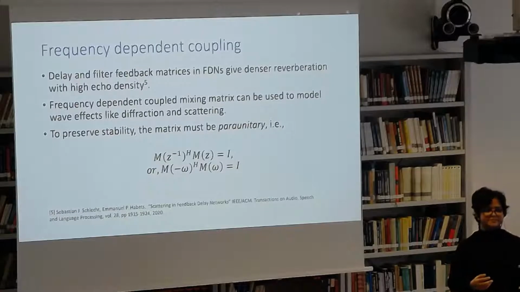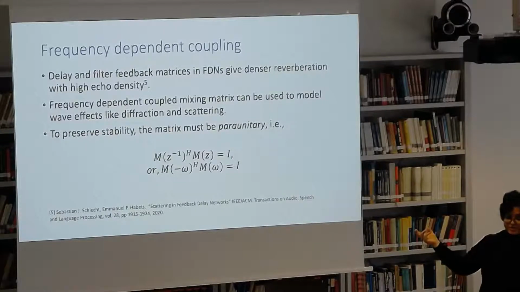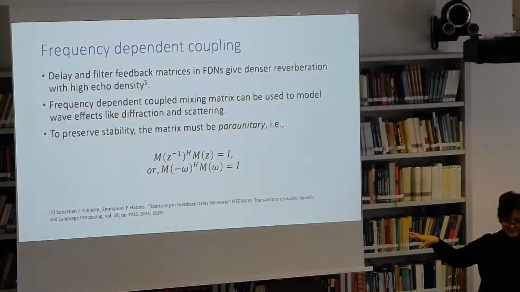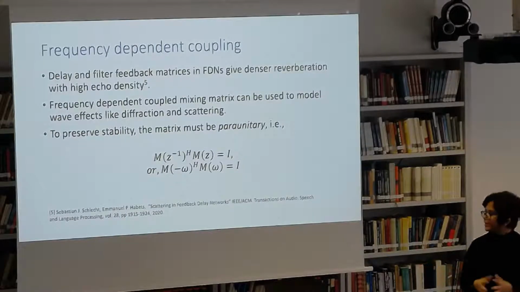Now this brings in some new constraints into the design of the mixing matrix. So far I've said the mixing matrix needs to be unitary to preserve energy, but now it needs to be what we call para-unitary. So these are all polynomial matrices. That means the matrices can be represented as FIR filters, essentially.